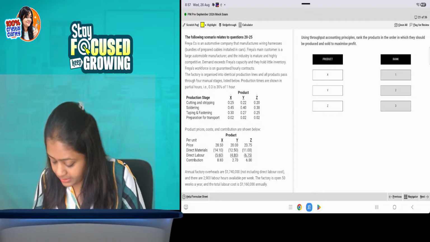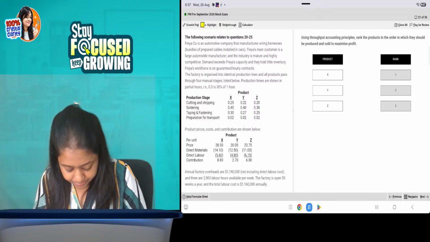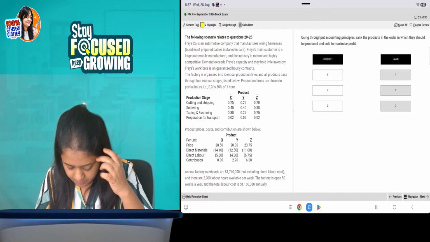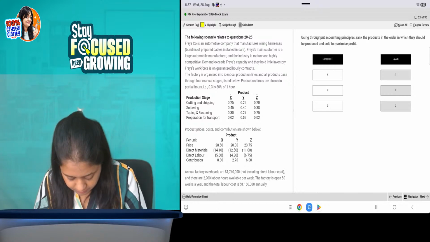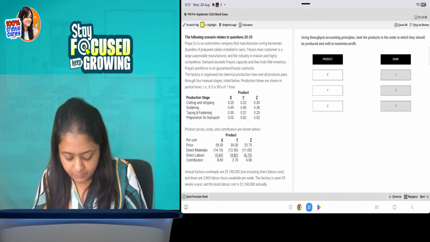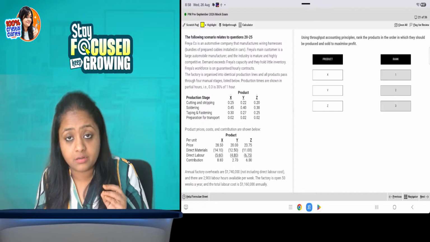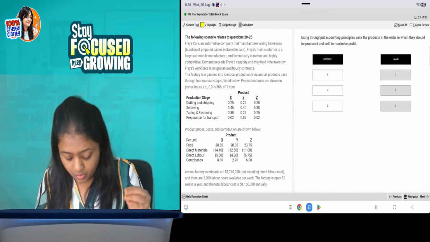Cutting and stripping will take 0.25, and here the direct labor hour is given. Let's do the calculations. Even we can do it on calculators. Now let's check for each category whether it's a scarce resource or not.